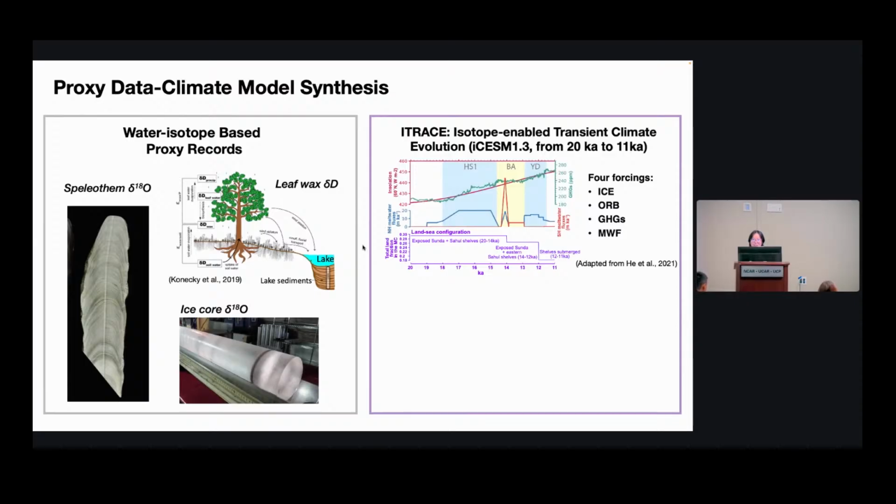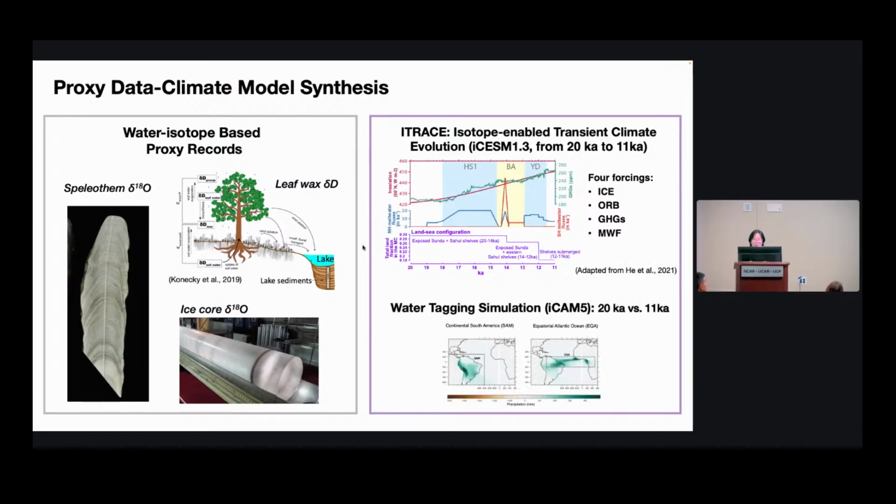In iTrace, the different forcings like changing ice sheet, orbital forcing, greenhouse gases, and meltwater forcing are applied additively to the model. So we can isolate the impact of each forcing by subtracting these sensitivity experiments from each other.